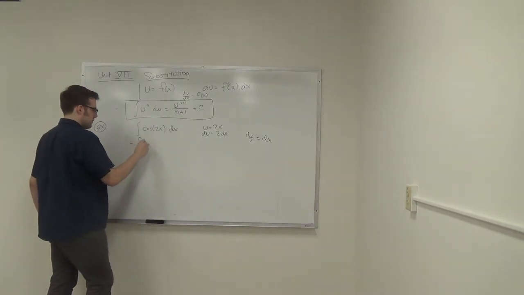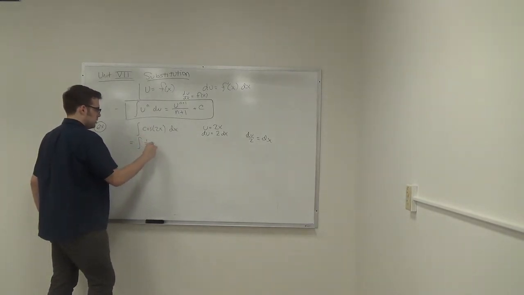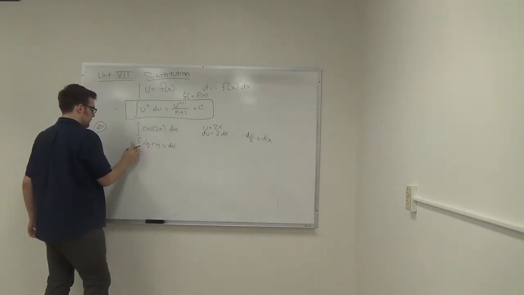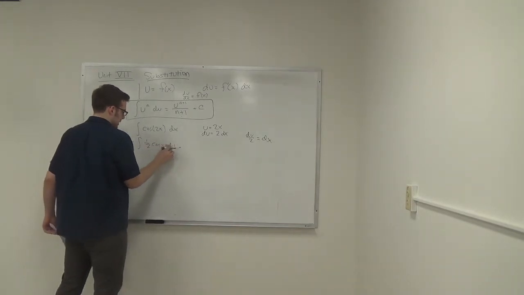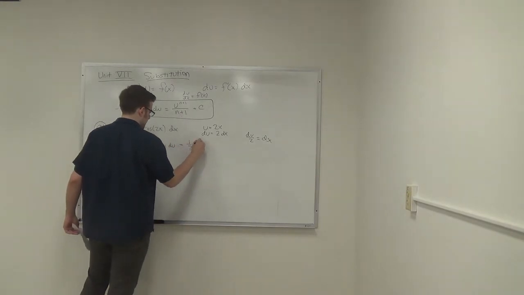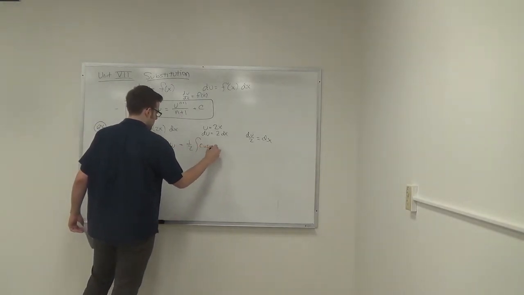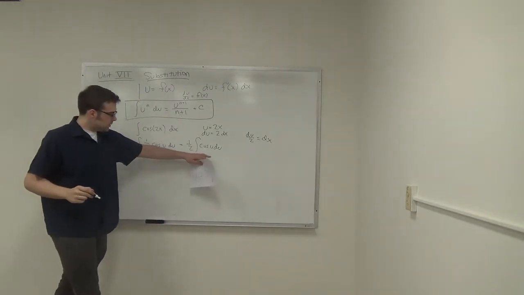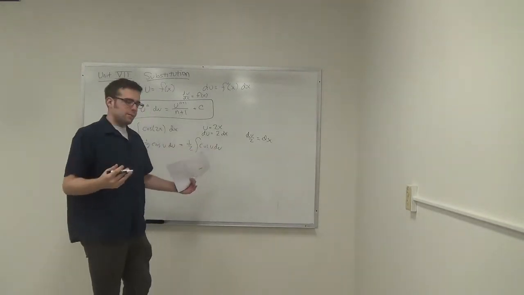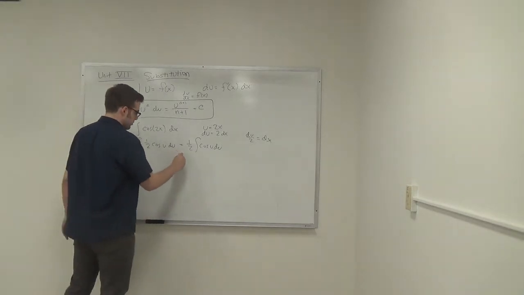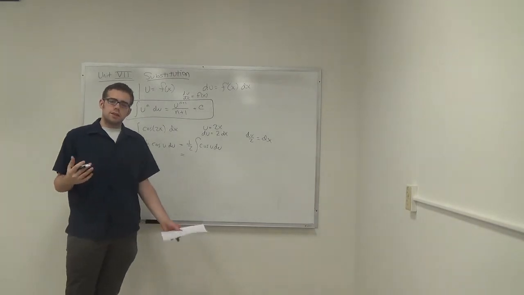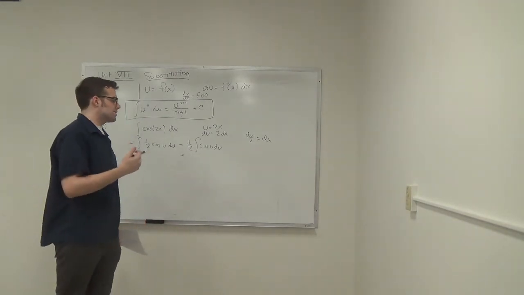and we end up getting this equal to 1/2 cosine of u du. We can bring 1/2 outside of the integral and integrate cosine of u du. And we can remember from when we first learned integration, the integral of a cosine is sine.